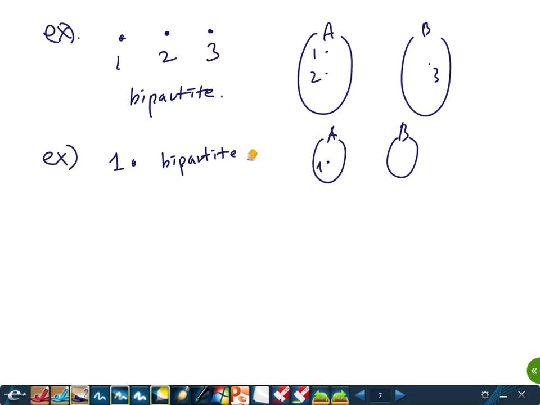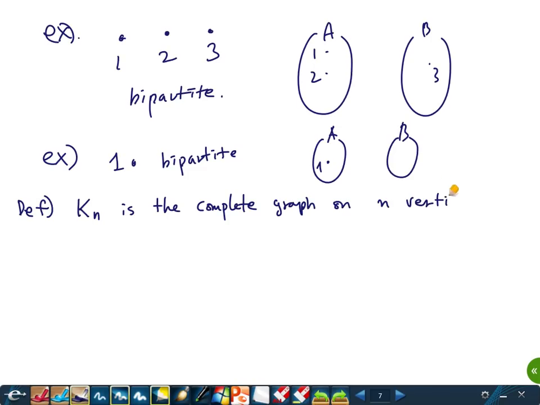Okay, oftentimes we will use the following two notations. K sub n is called the complete graph on n vertices, meaning vertices 1, 2, 3 up to n, say.